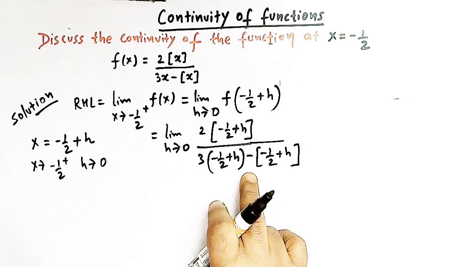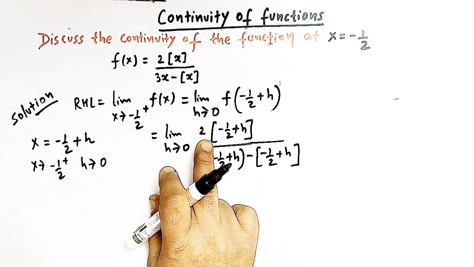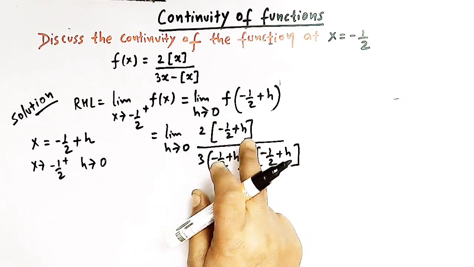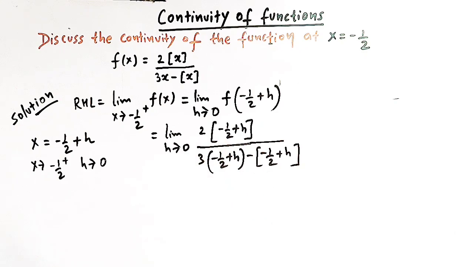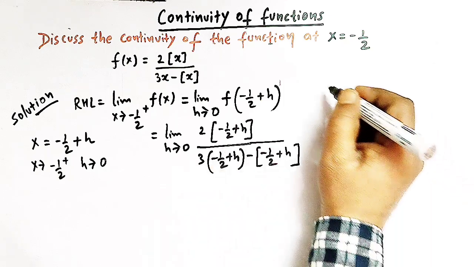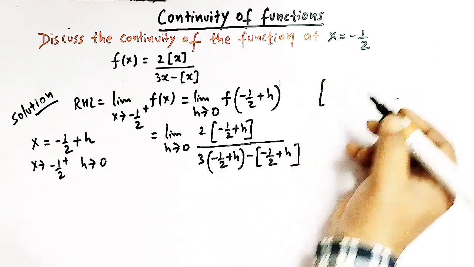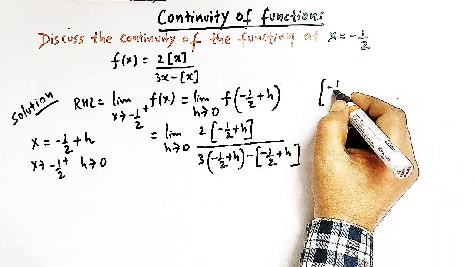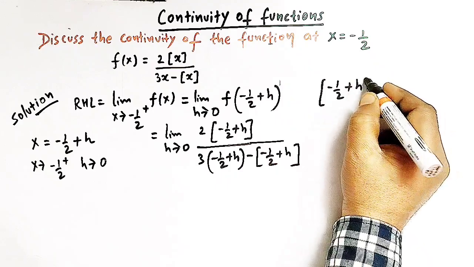We have to compute this limit, so let us first find the value of the greatest integer of minus half plus h.